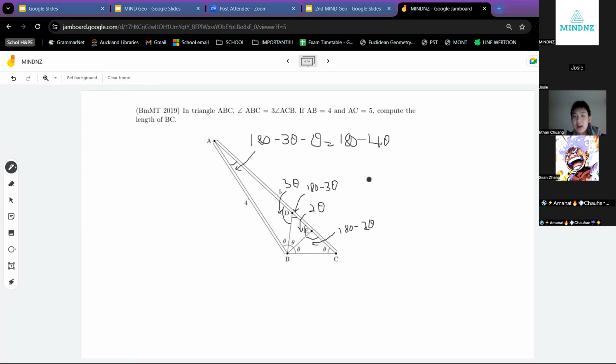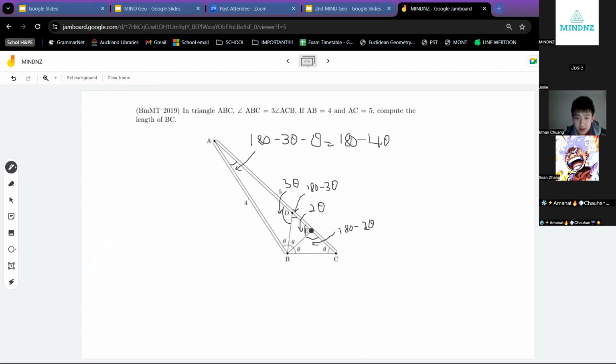There's a lot of triangles to consider, but there are some triangles here that are similar with the exact same angles. Does anyone have any ideas?